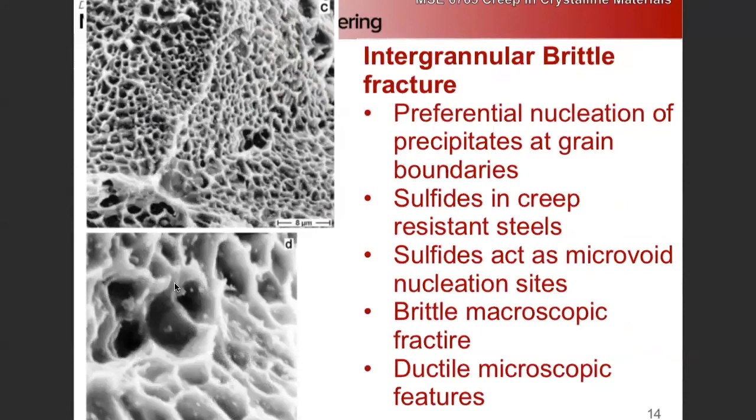So the big ones are these sulfides in creep-resistant steel. If you have sulfides dispersed through your structure, as you approach the grain boundary you have a denuded zone of precipitates that contain sulfur, because all that sulfur has diffused to the grain boundary where these sulfides can rapidly form.